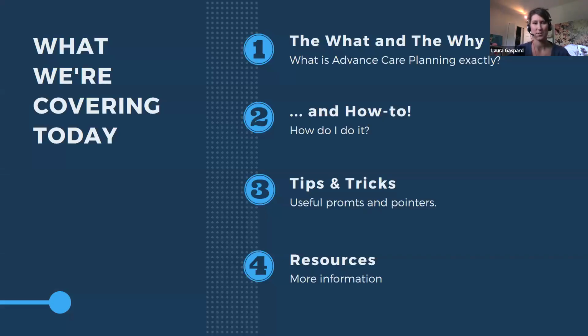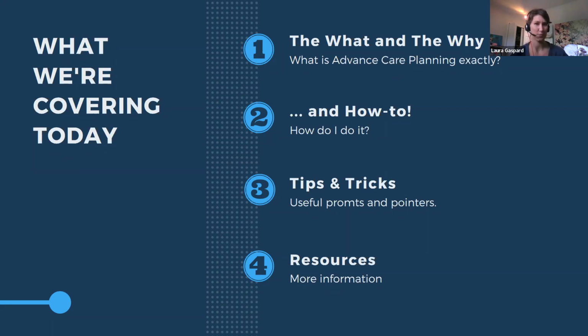All right, so what we're going to cover today. There are 4 different topics that we'll cover all around advanced care planning. Really, it's about the who, what, where, why, how. Starting off with, what is advanced care planning? Why do we want to do it? We're going to walk you through the 5 steps. Some of you might have heard of the 5 steps of advanced care planning. It might be new for some of you, and that's okay.